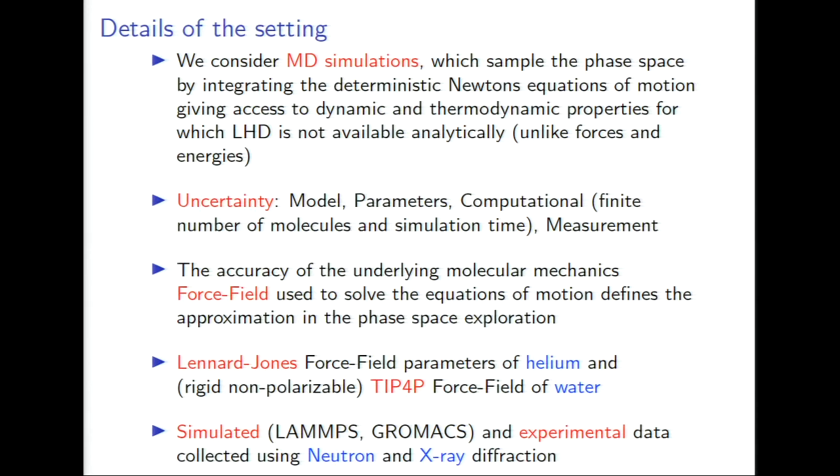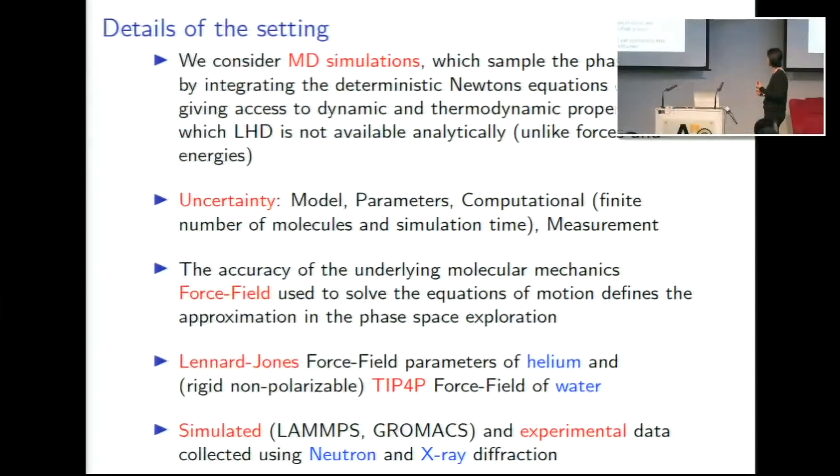And when we do this type of simulation, those models have different sources of uncertainty. We can be unsure about the model itself. We have uncertainty about the parameters that calibrate the model at best. There is computational uncertainty and uncertainty in the measurements of the data.